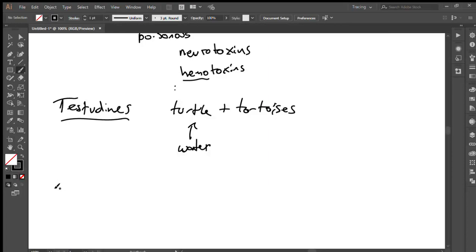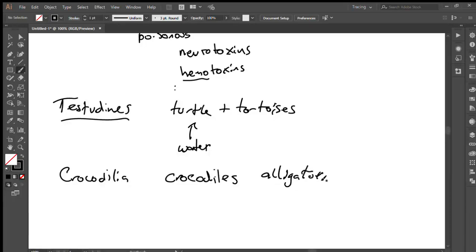Next order is Crocodilia. Crocodilia are obviously crocodiles. How do I spell crocodile? There we go. But also alligators. Talks about how to tell the two apart. Here in Minnesota, we don't care a lot, but crocodiles have the thin snout.